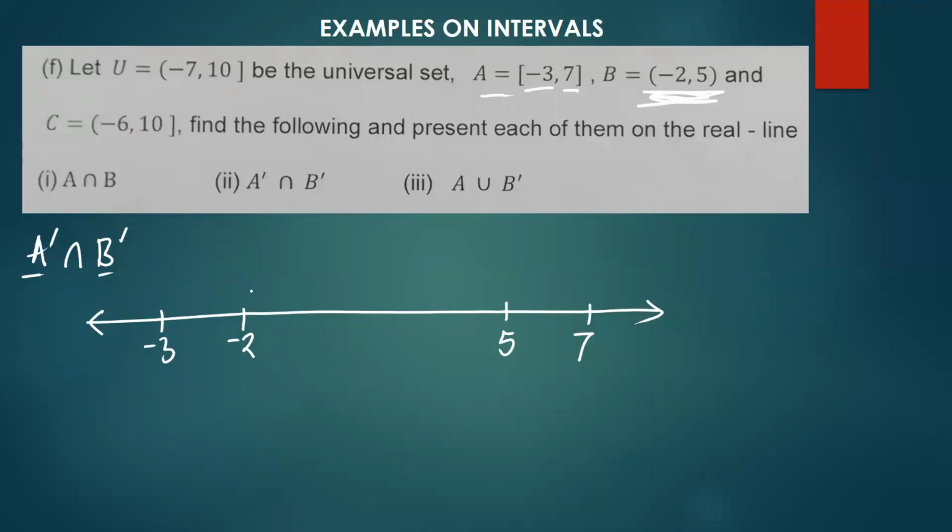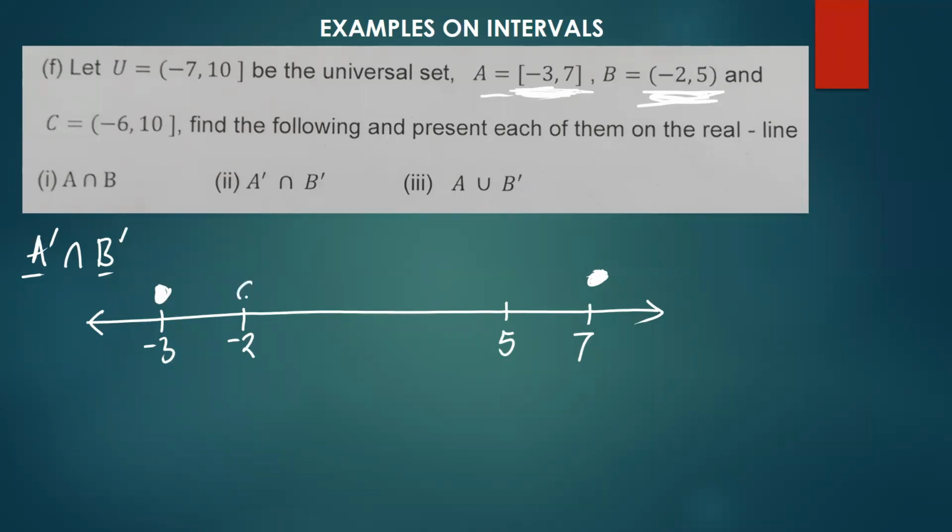So if I put the two sets, the first set that I have is A. So which one is A? A is simply just this one, which is from -3 and it's closed on both ends to 7. So it's closed on both ends. And then the other set is set B. Set B is simply just -2 and 5.